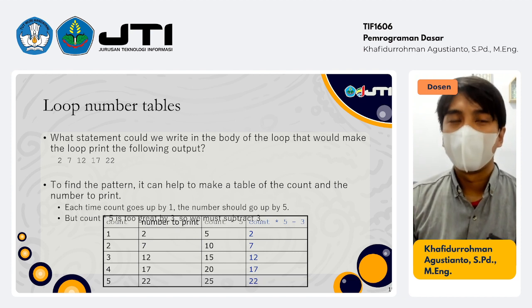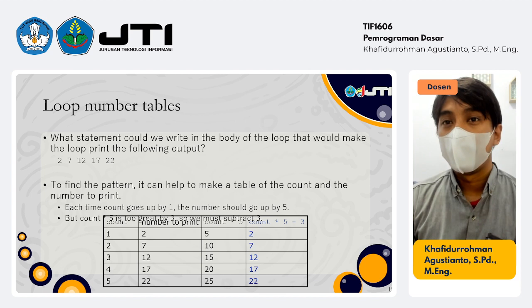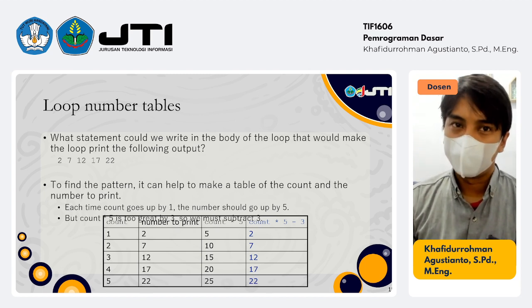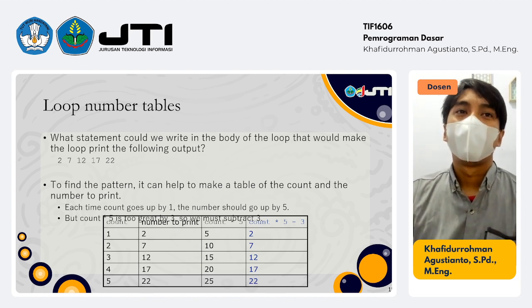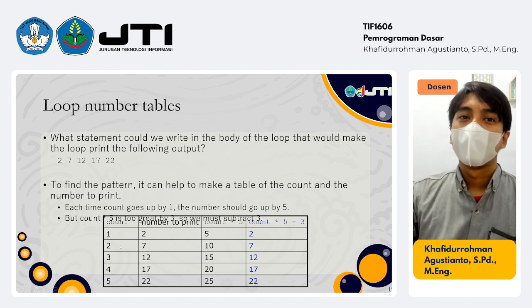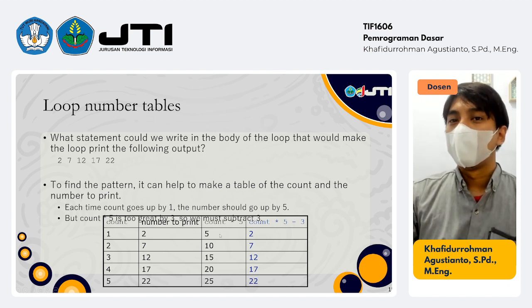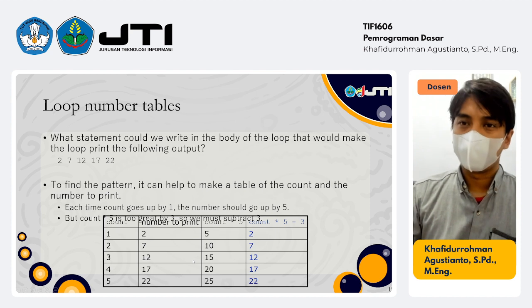But count * 5 is off by 3, so we must subtract 3. Count 1, 2, 3, 4 gives numbers 2, 7, 12, etc.